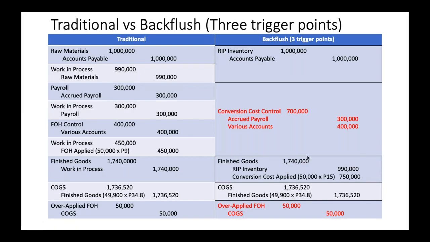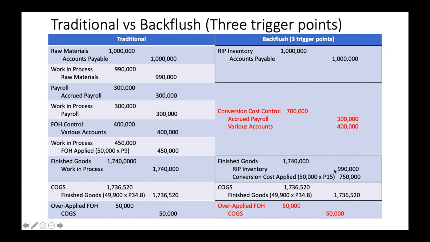So therefore, 50,000 times 34.8 is 1,740,000. Okay. And then credit raw and in-process inventory.